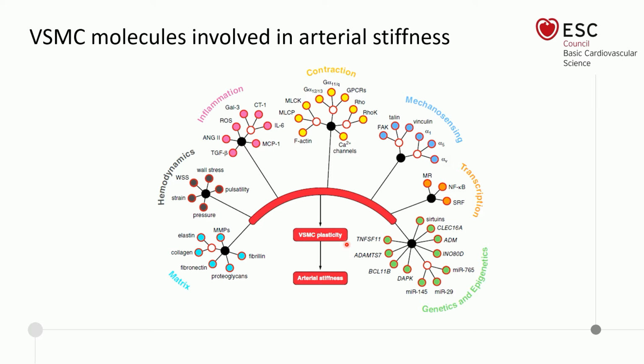They are classified into different functional families: matrix, hemodynamics, inflammation, contraction, mechanosensing, transcription, genetics and epigenetics. And all of these functional properties define the vascular smooth muscle plasticity involved in vascular disease and arterial stiffness. And I will focus the second part of my presentation on mechanosensing in relation with hemodynamics and genetics and epigenetics.